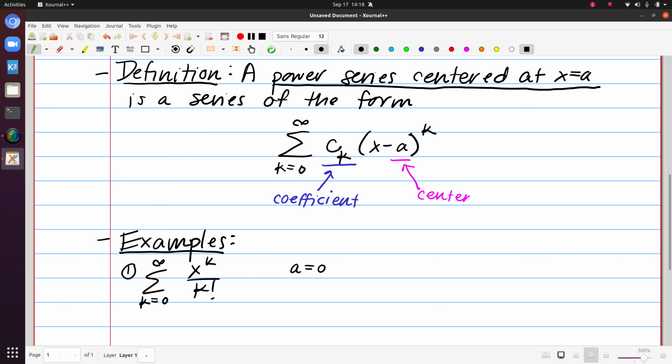That's because x to the k is the same thing as x minus 0 raised to the k. And if we're trying to figure out the coefficient, we look at what's being multiplied by, in this case, x minus 0 to the k. That would be 1 over k factorial.